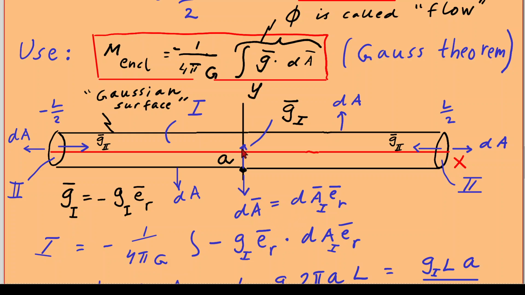Since the radial vector is from the origin to that point there, that must be the positive direction here. So the closed surface has two parts, Roman number 1 and Roman number 2. And let's start with Roman number 1.